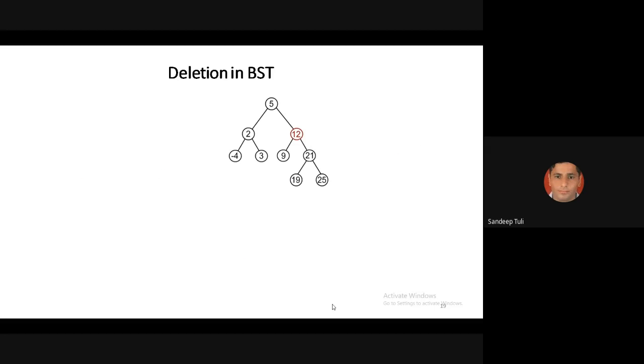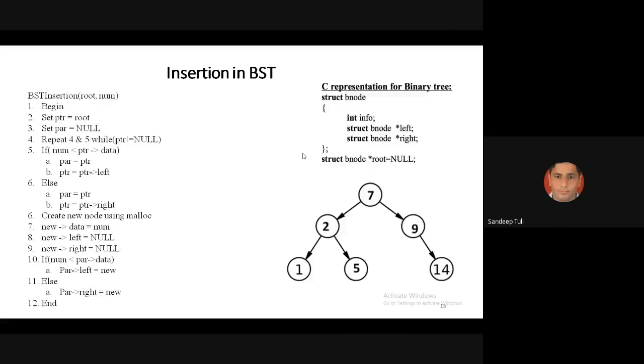Is it okay now? So you can tell me easily what the in order successor of 12 will be in this case. 9? Very bad. Why? 21? Very bad. 25? Even after explaining so much, this is the state. Read that condition.